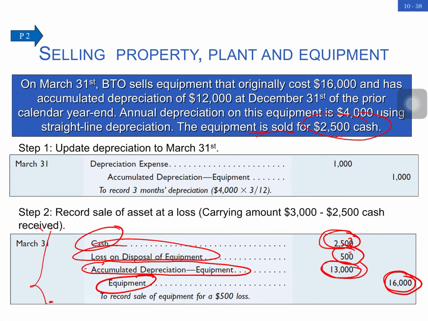So if the equipment is sold for 3,500, then you will see 3,500 here, and then you will write 500 on the credit side as the gain on disposal. Okay, I hope you understand.